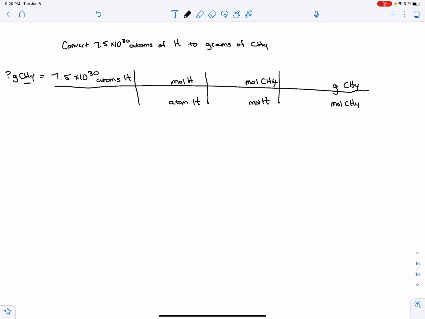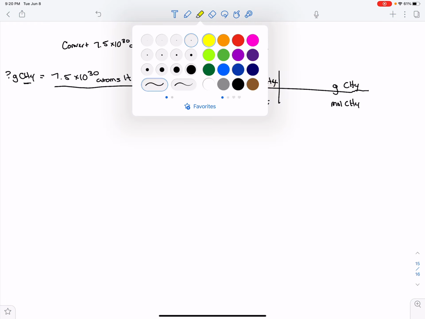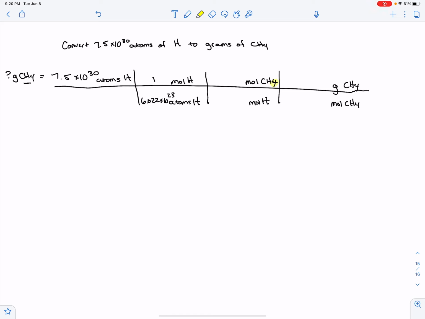All right, now remember in 1 mole we have 6.022 times 10 to the 23rd atoms of H. And then this number here, this 4, that's what's going to go in the front here. 4, because there are 4 H's in one of those molecules. 4 H's in 1 CH4.